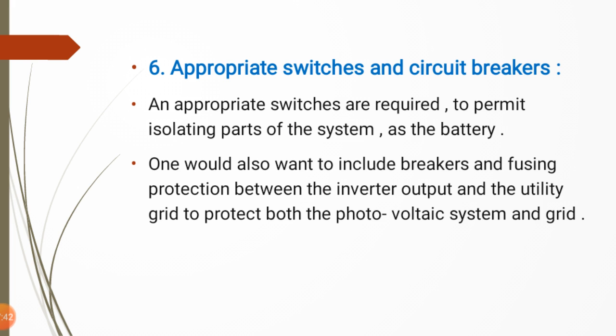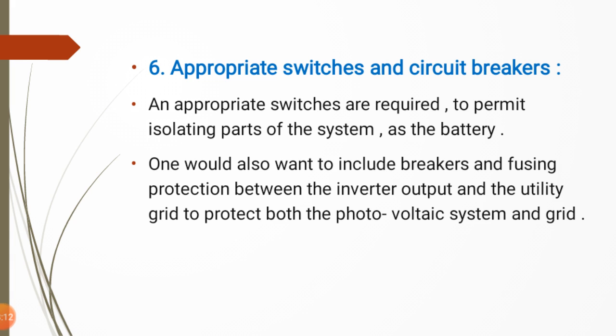Now the last and important component of the photovoltaic power generation system is the appropriate switches and circuit breakers. Appropriate switches are required to permit isolating parts of the system, such as the battery. That means in our circuit we can isolate the battery from the system, or we can connect the battery to the system. For that we require the switches.